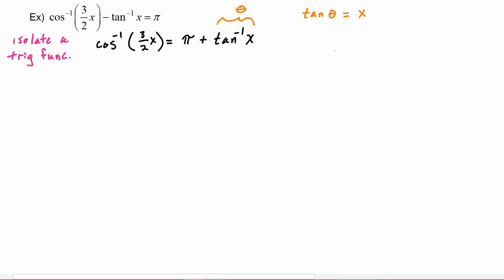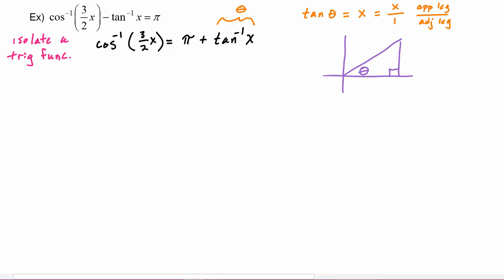We can draw a picture of theta. And we know that using SOHCAHTOA, tangent is opposite leg over adjacent leg, so we can think of this as x over 1, and this would be opposite leg over adjacent leg.